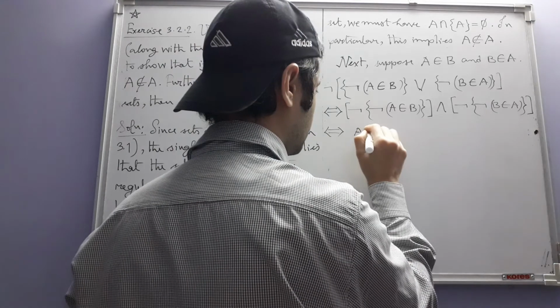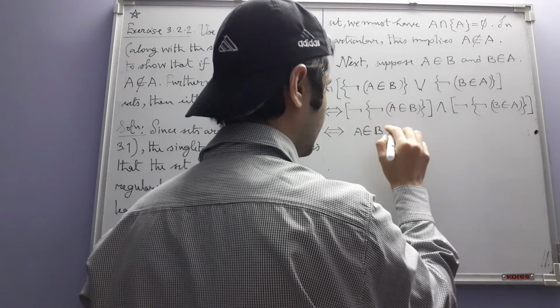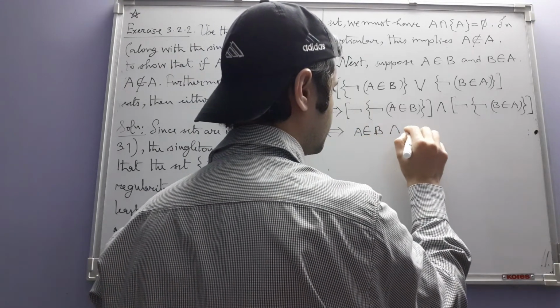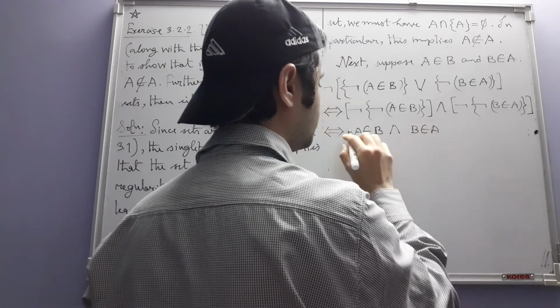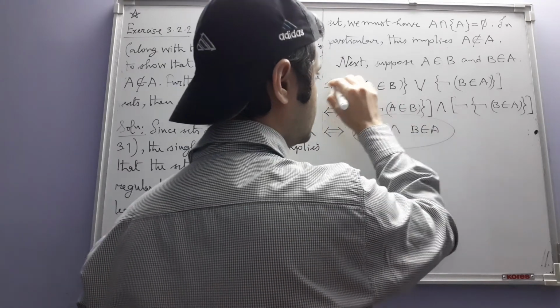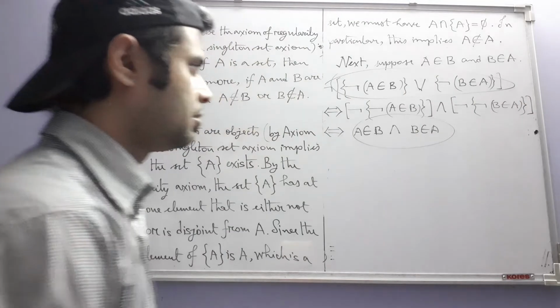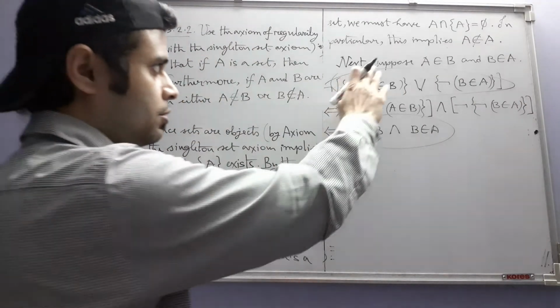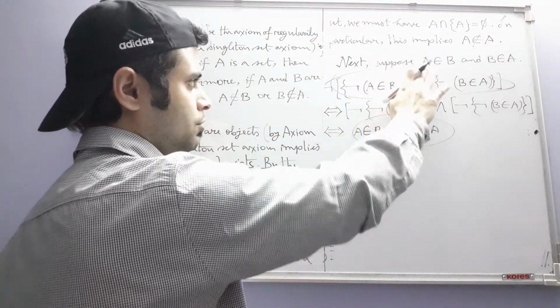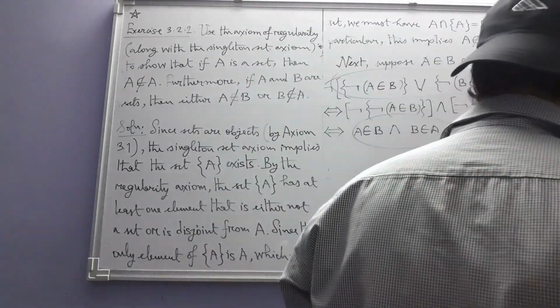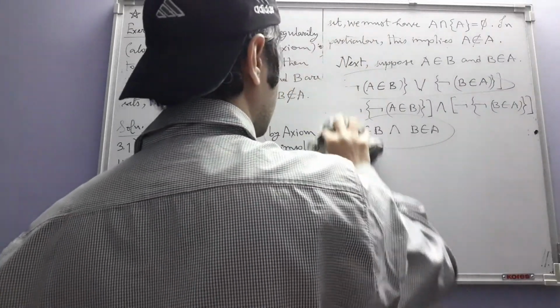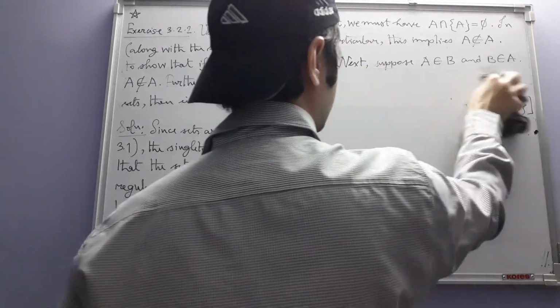So, A belongs to B and B belongs to A. So that's how this and this negation are logically equivalent. So that negation we have supposed here, and we will need a contradiction.